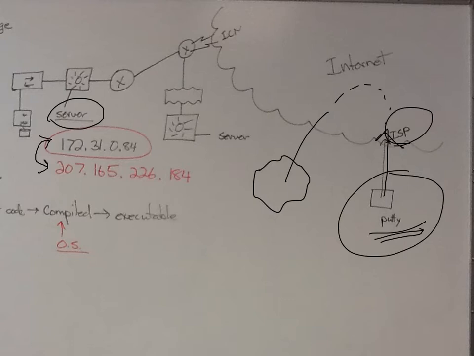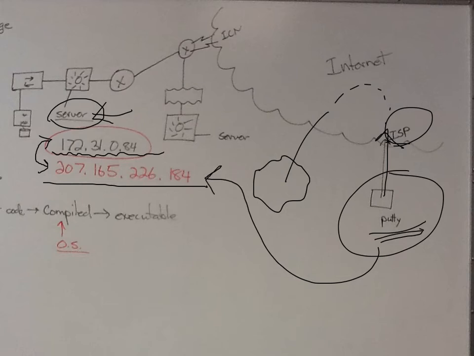So when we leave campus, it translates to this number. When it comes back into campus, it translates back to this number in order to access this server. So if you're at home, you can type our public IP and then log into the server from home. You'll be able to access this server from anywhere you would have internet access.